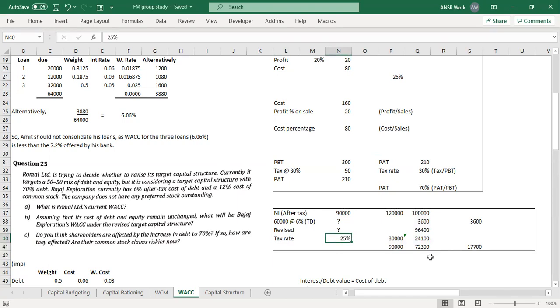Can somebody tell me, if the net income is 90,000 and tax rate is 25%, what is our gross income?